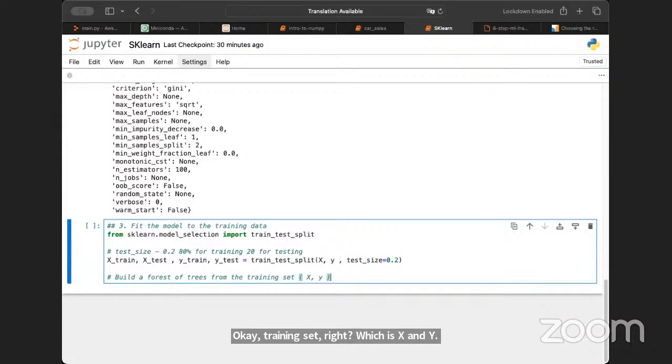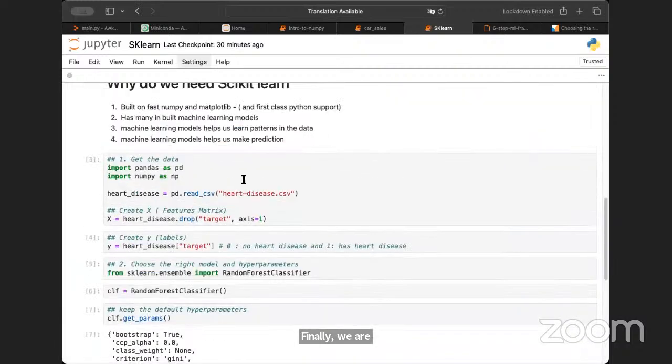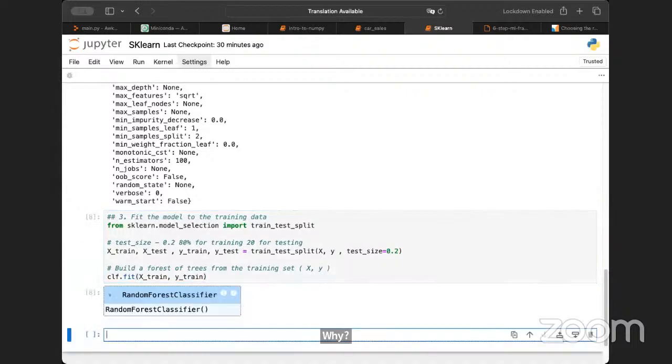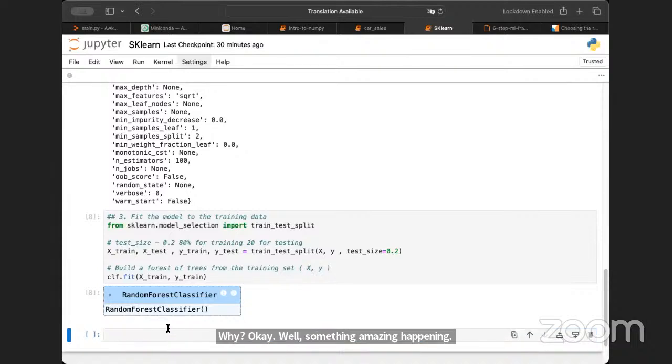And finally, we created CLF, right? We are saying CLF.fit(X_train, y_train). Boom. Something amazing is happening.